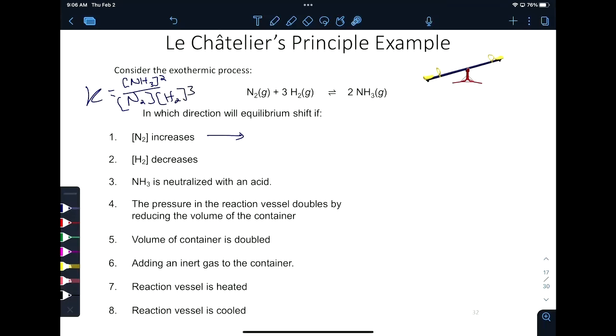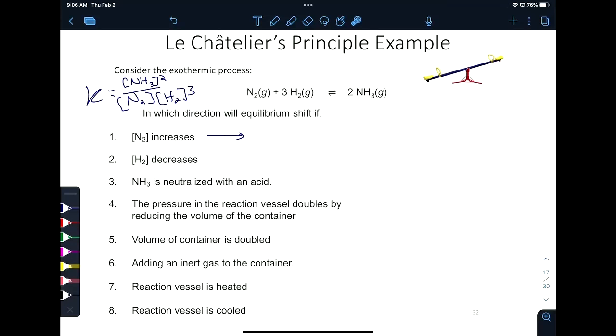If I add more nitrogen, a bigger number is in the denominator. I'm putting a bigger number in the denominator. Q is going to be smaller. It's going to get smaller. And in order to get Q back up to K to reestablish equilibrium, I need to make more product in that case to make that number bigger. So that's another way to think about it too. K and Q can help.